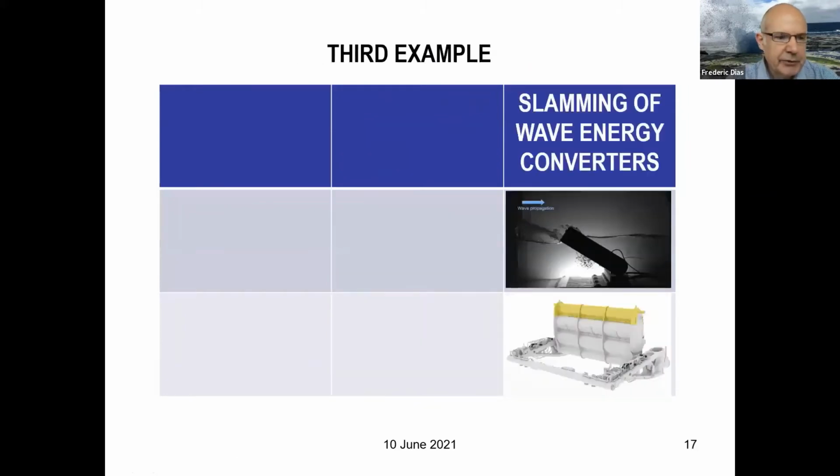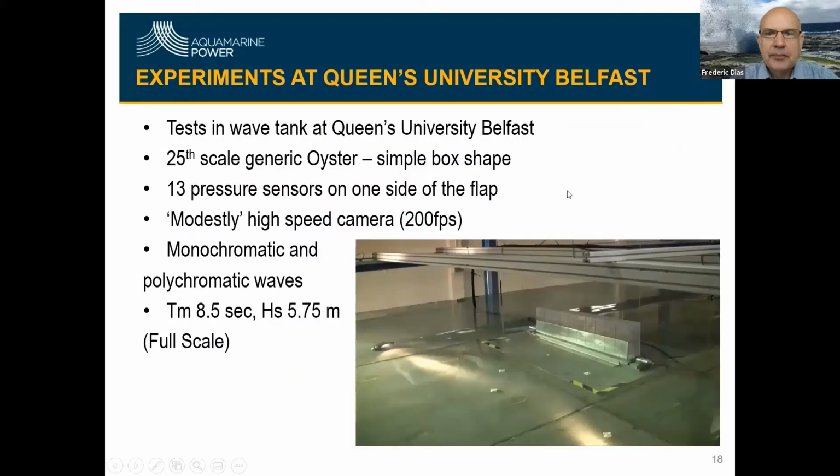So I will go now to the slamming of wave energy converters. These are some experiments that were performed at Queen's some years ago when we were studying this wave energy converter, the Oyster device, which is a flap that oscillates back and forth in the waves. You will see the animation soon. Actually, I will send it now.